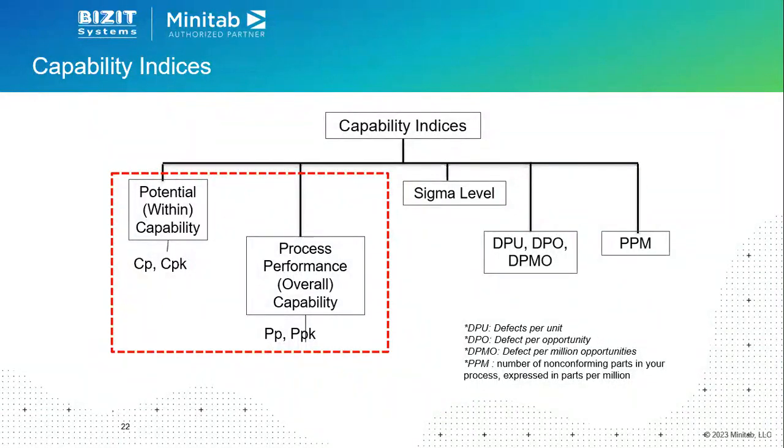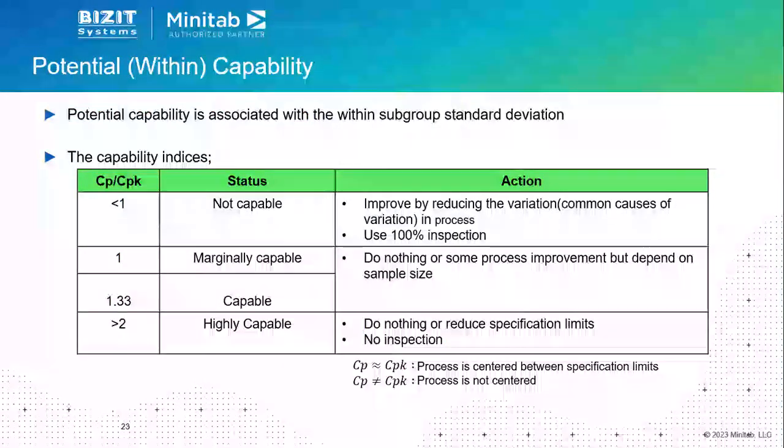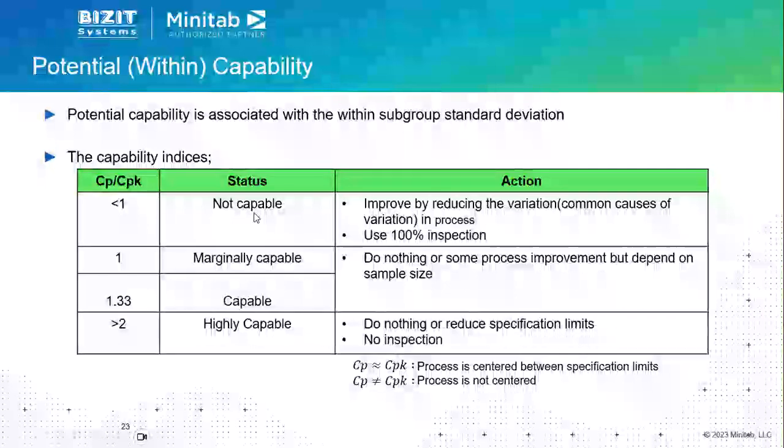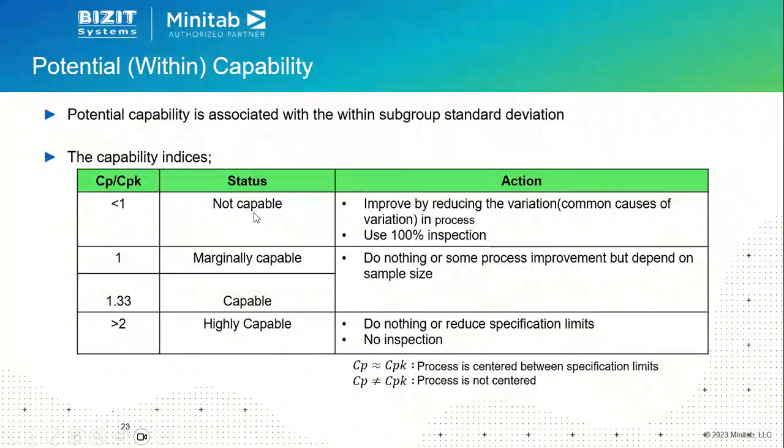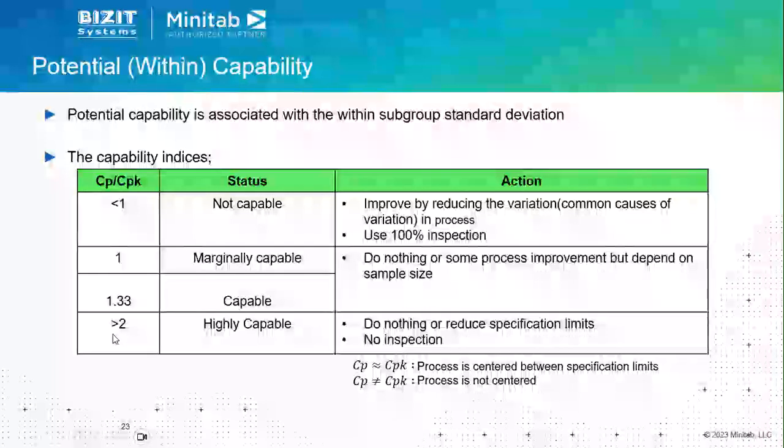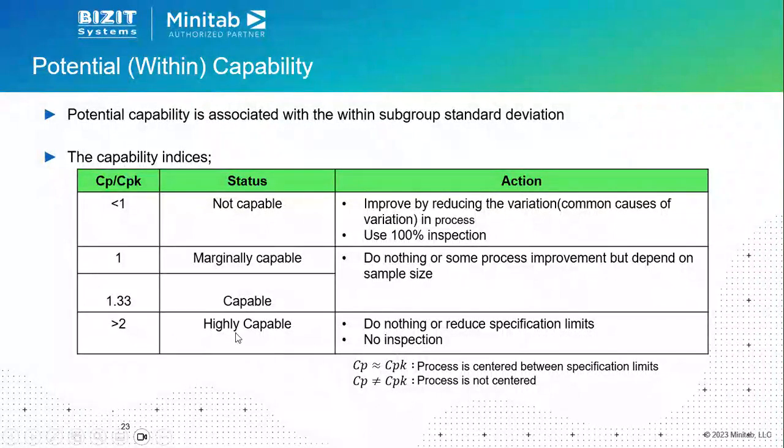And here are the guidelines to show whether it is capable or not capable. Let's say you have a CPK below 1, we consider that not capable. 1 is marginally capable, 1.33 is capable, and more than 2 is highly capable in this case.